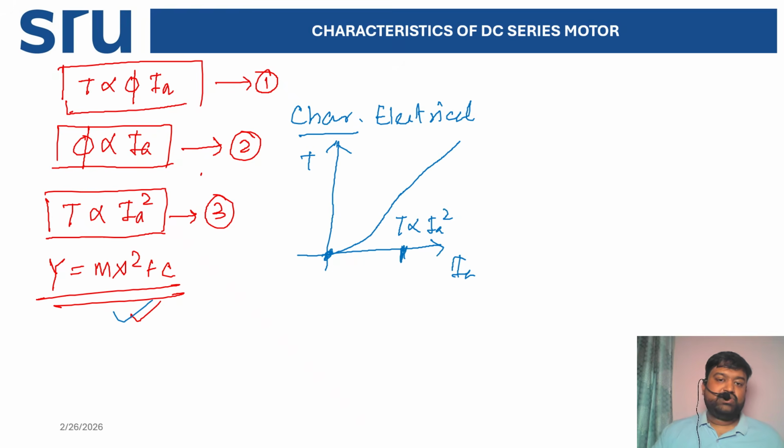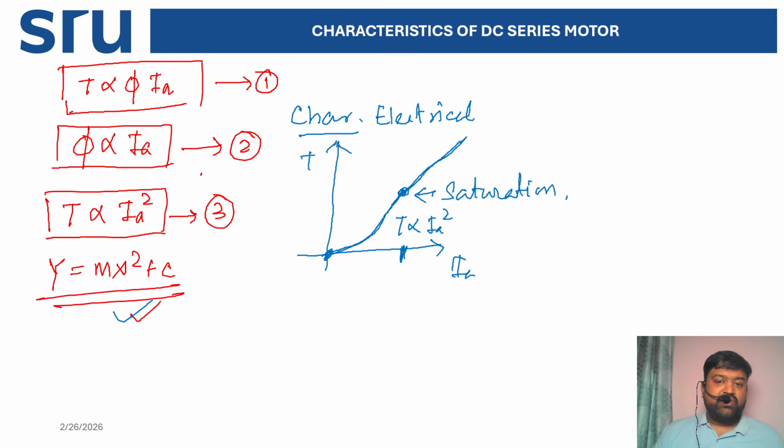Initially it will increase proportionately, but after some time what will happen? Again it will not increase, it will be constant, because it is the saturation time. If you increase the current, the torque proportionately increases, Ia square.